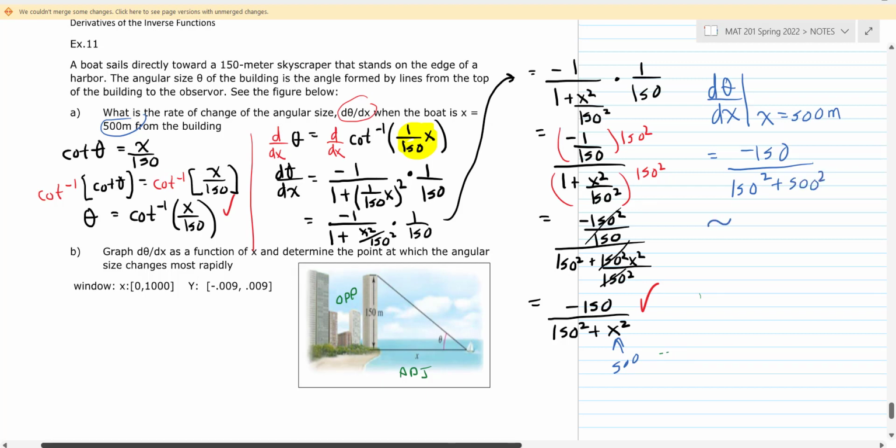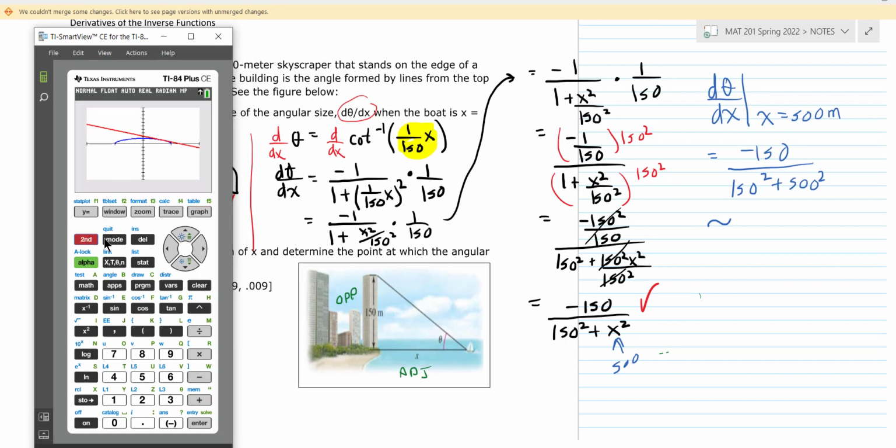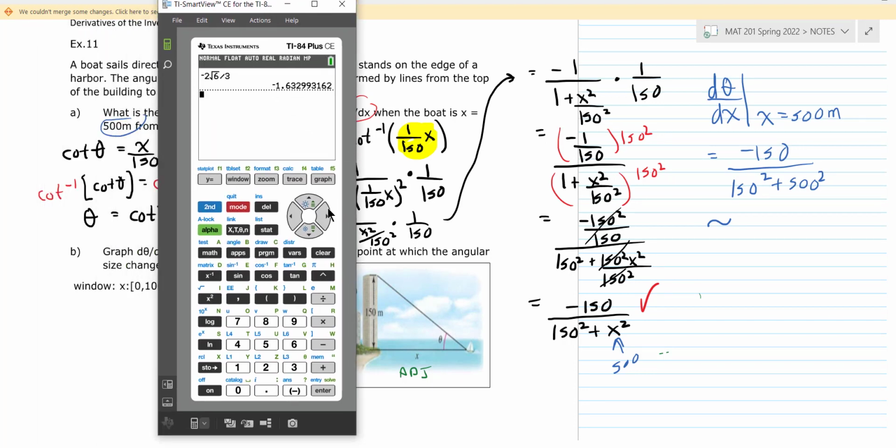I'm going to get my calculator out. So I'm going to enter negative 150 divided by, make sure your denominator's in parentheses, 150 squared plus 500 squared. Okay, like that. And this will be an answer in radians.